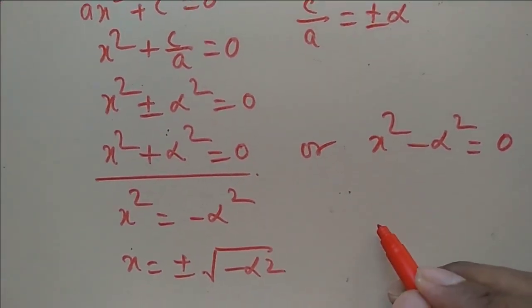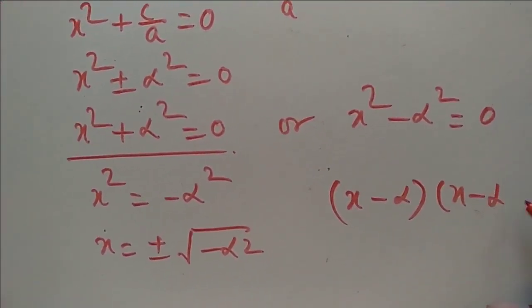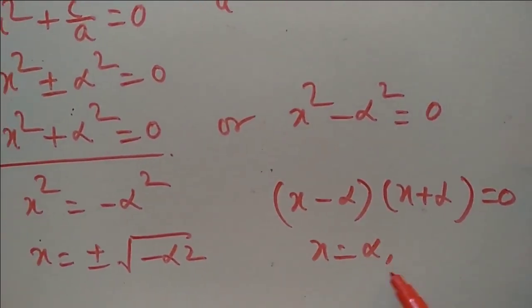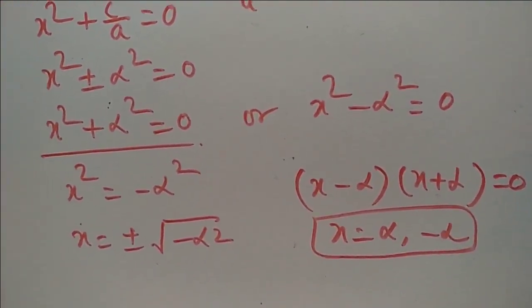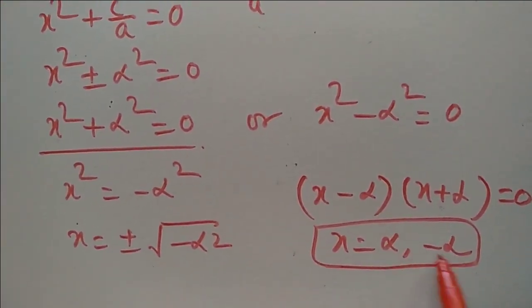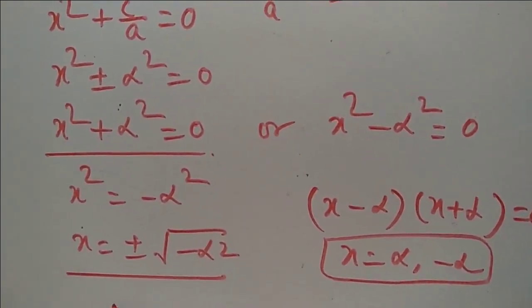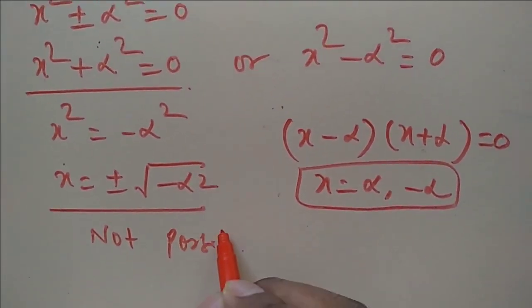So x square plus alpha square, this form is not solvable because the square root of a negative number doesn't give you a real number. So we take a real scenario. But x square minus alpha square can be written as x minus alpha, x plus alpha is 0, and then x can be alpha or minus alpha, and these are the cases of two distinct roots, because alpha and minus alpha are two different values.